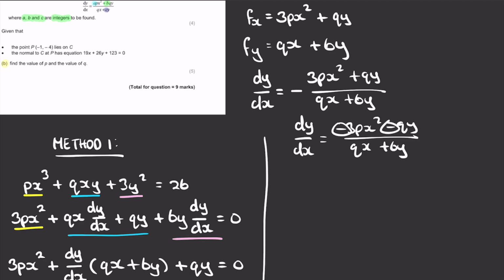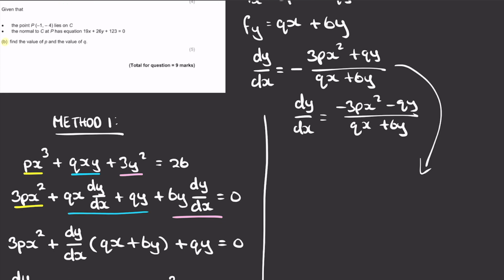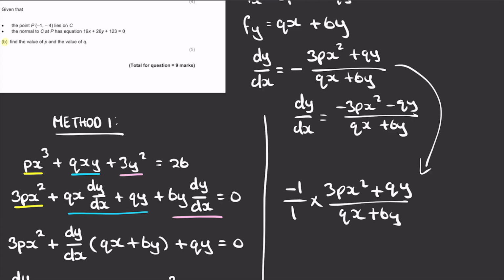Now, the reason why I've made these two negatives is because I just made it so it's minus 1 times all of this. And when that happens, you get the negatives on the top, because this is the same as minus 1 over 1 multiplied by 3px squared plus qy all over qx plus 6y, which is how I got my final answer here.